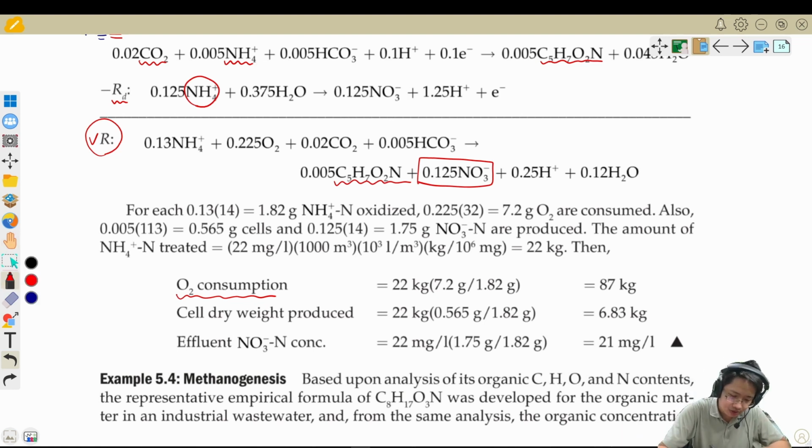So you can also try to estimate these three chemicals' consumption or production in your biosystem.